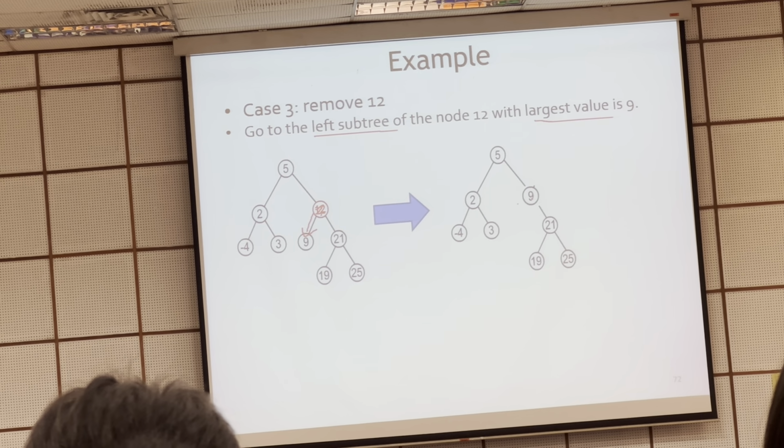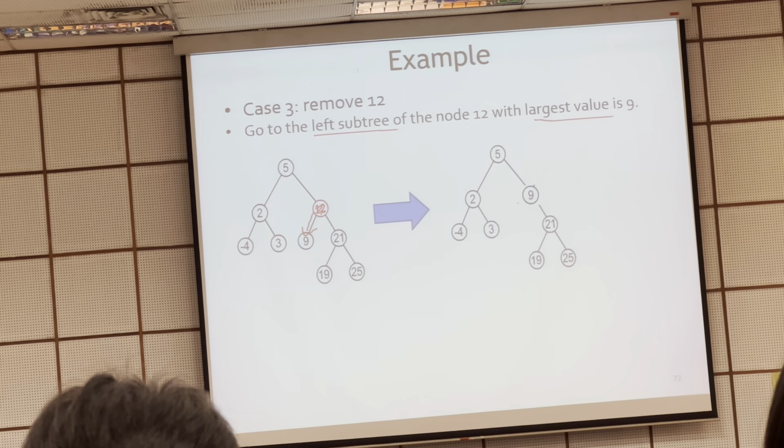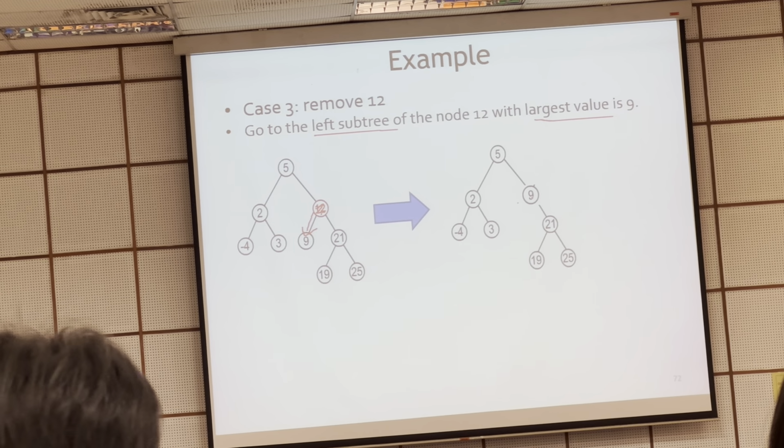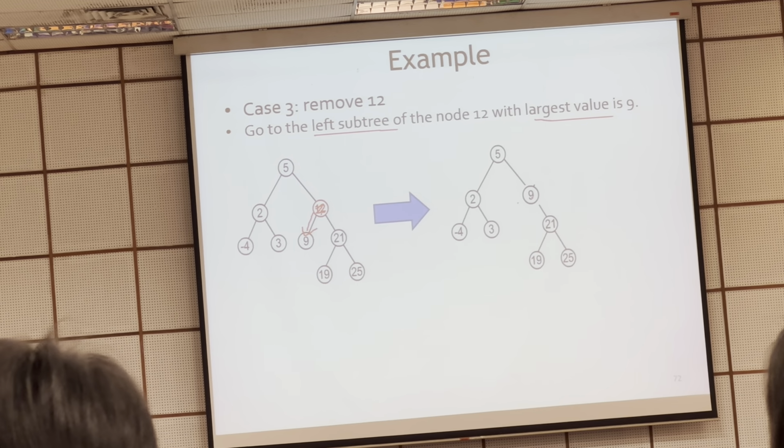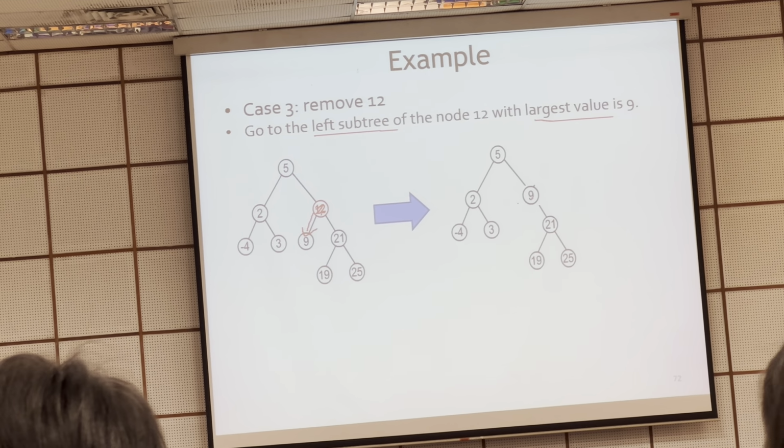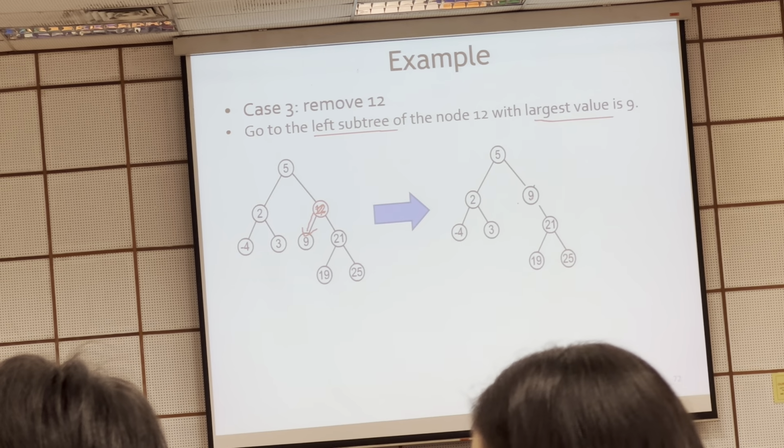So it's like assuming me and my brother, okay? My brother will become the parent of me, for example. But here you have to select. If you go to the left subtree, select the largest value.